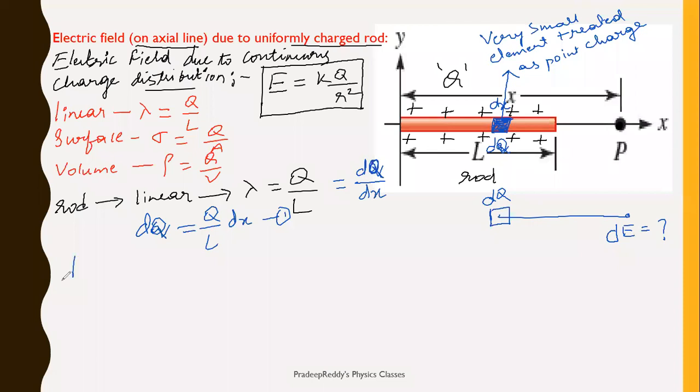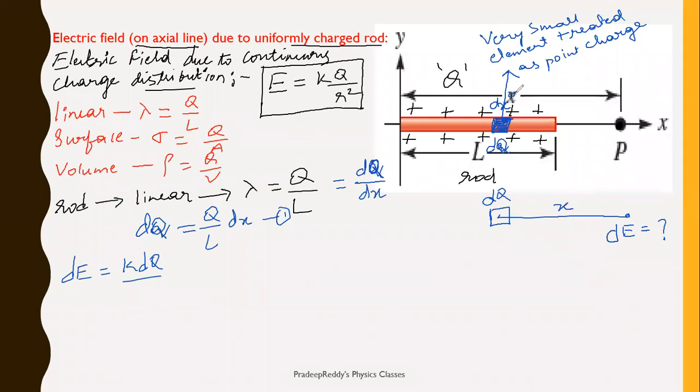I can write dE, the field due to this very small element, as K times the charge on this element, dQ, divided by the separation from this position to this position. I want to find the separation from here to here.